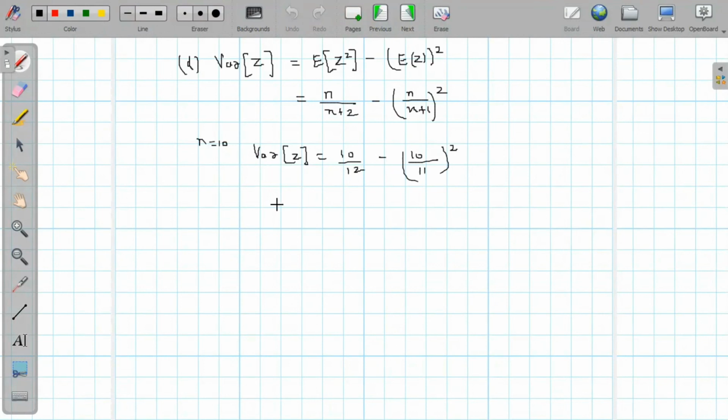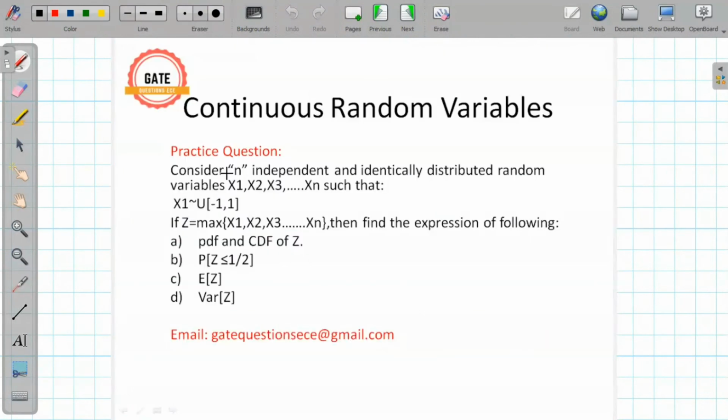So in this way you can handle any such problem on n independent random variables which are identically distributed and related by the maximum function. Just for the sake of practice, I would like to give you a practice question. In this practice question, x1 is uniformly distributed over the interval -1 to 1 and all other things are the same as we discussed in the previous question.